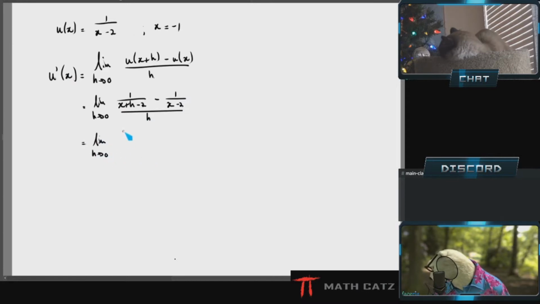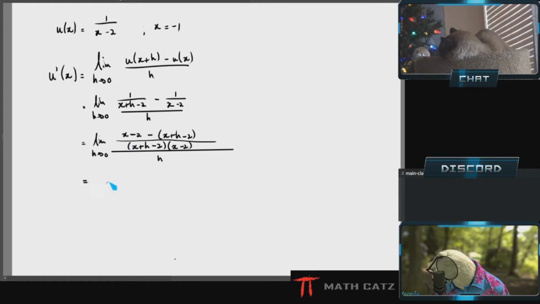A little bit annoying, but we have to be able to know where this all came from before we move on. So now I want to put these fractions together over a common denominator, which will be x plus h minus 2 times x minus 2. So I'll have x minus 2 minus x plus h minus 2, all over h.